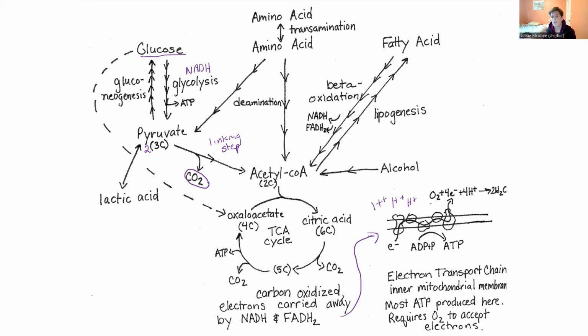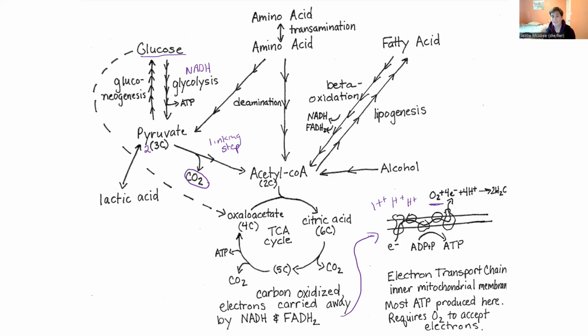One important feature, though, is this process requires oxygen, because that hot potato, or those electrons, they have to have somewhere to land. They can't be hopping around forever. And the molecule that's very electronegative is oxygen. And so oxygen actually attracts those electrons. And in the process of taking on those electrons plus some protons, it becomes water.